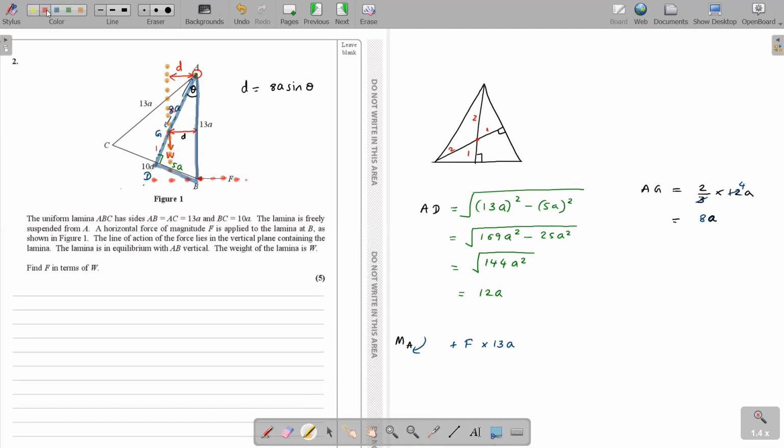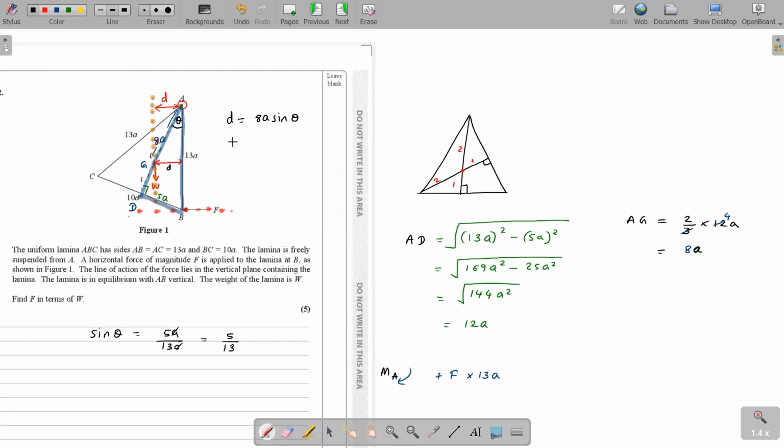Can't I find the sine theta value from the right angle triangle? Sine theta is opposite over hypotenuse. Opposite is 5A, hypotenuse is 13A. A to A cancels and I get sine theta is 5 over 13. So now I have my sine theta value as well.